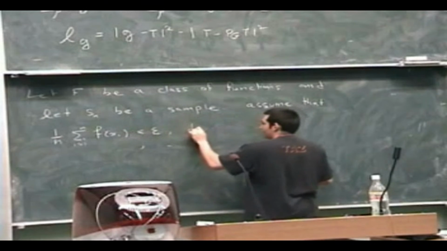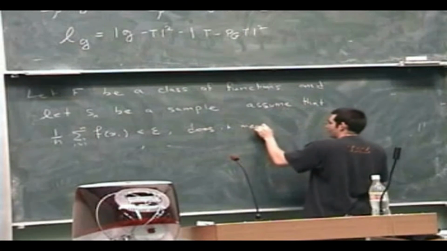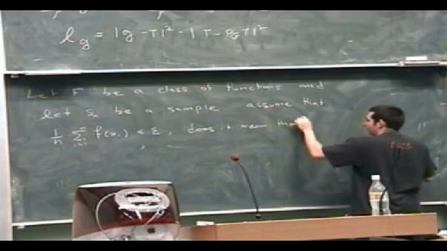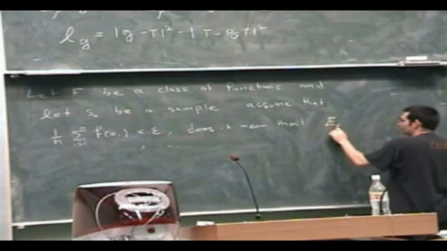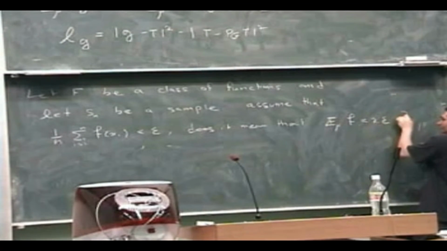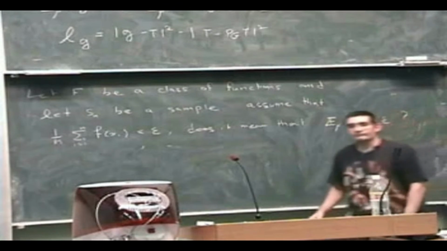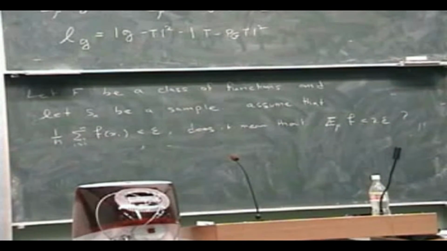You have to use the fact that you're sampling according to the probability measure, and some probabilistic argument must come into the game. So this can't be the right question. How do I make it right?